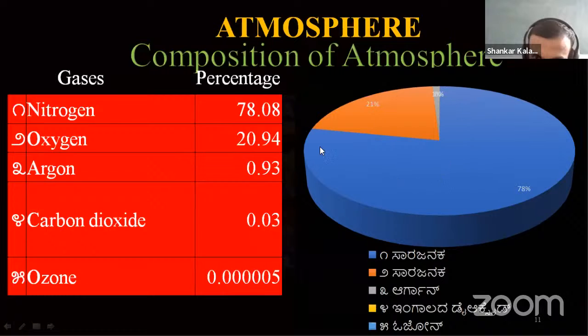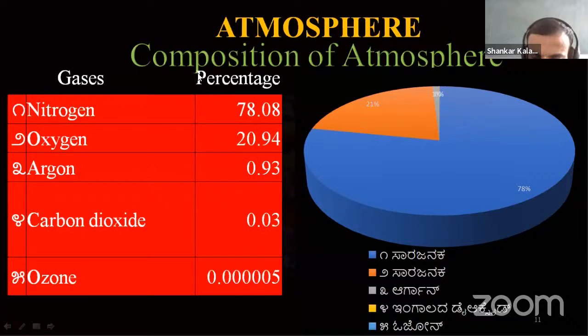Nearly this whole area in green indicates nitrogen, and this orange color indicates oxygen.